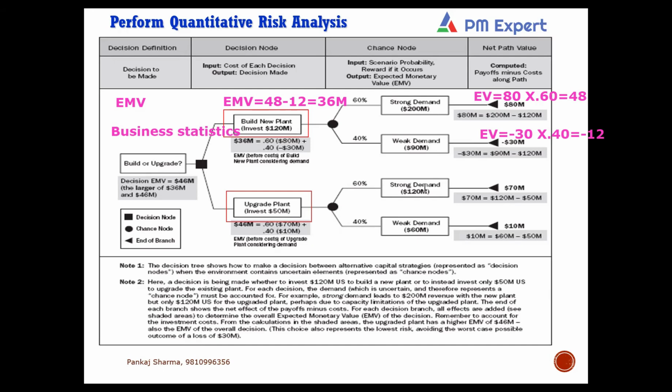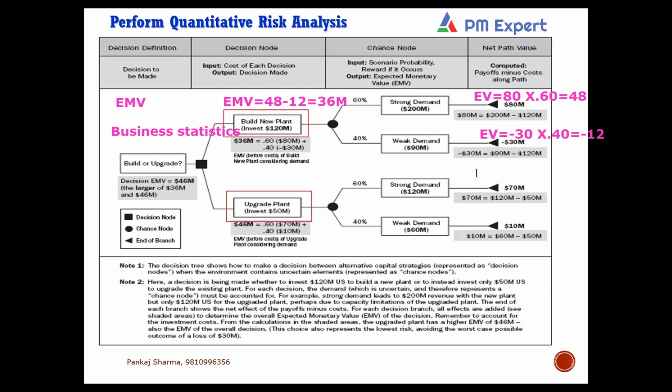But now demand. If there's strong demand, I'm making 120. I can't make 200 because when I upgrade, my capacity is not the same as compared to the new plant. So when there is strong demand, I can make 120, which means a profit of 70.